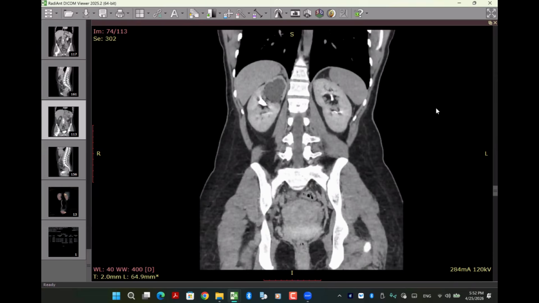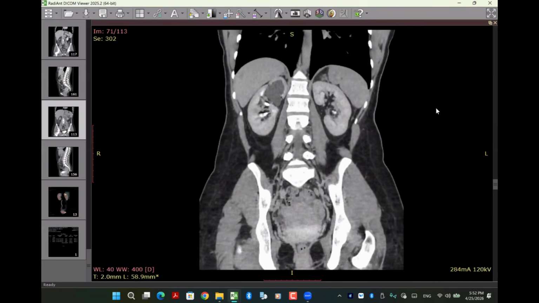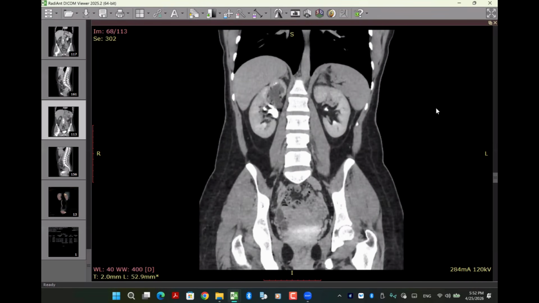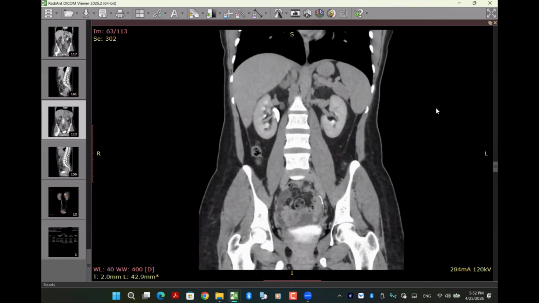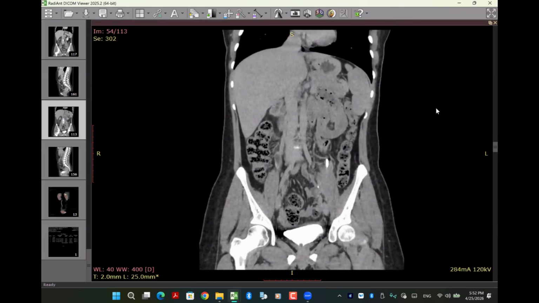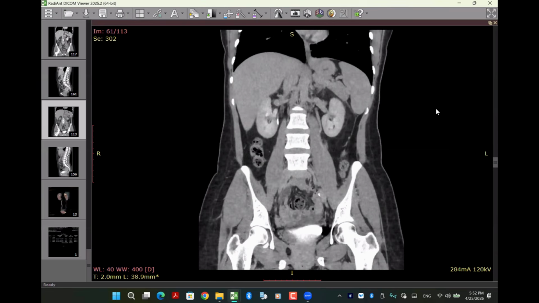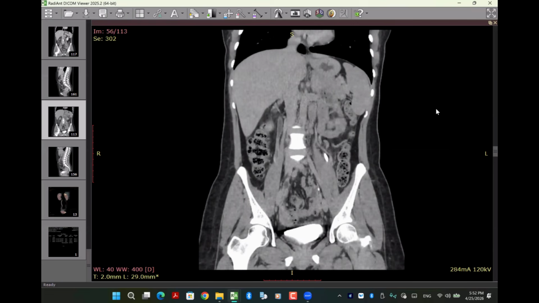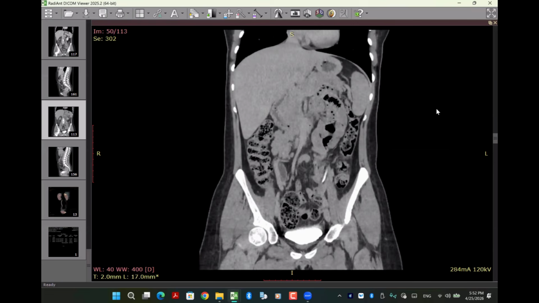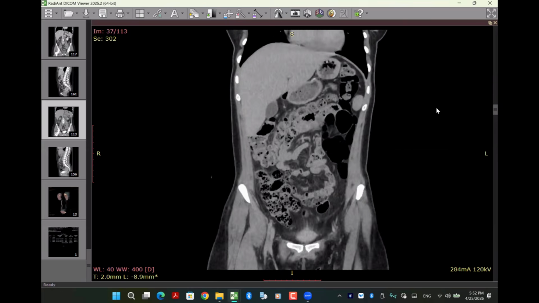So this appears to be a double pelvicalyceal system, a double moiety system, in which the lower moiety is excreting the contrast, and the upper moiety is not excreting the contrast properly. It is causing hydronephrosis. So the upper moiety is concerned with the ureterocele formation.